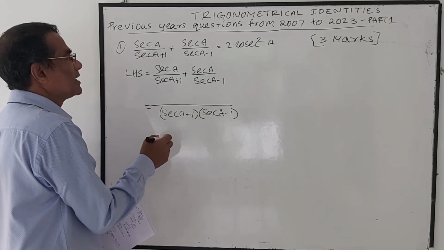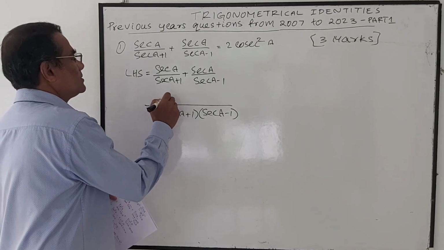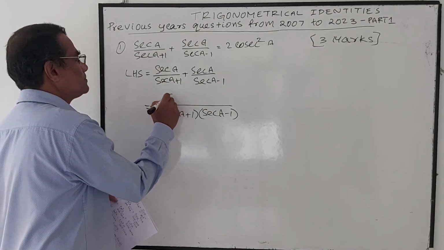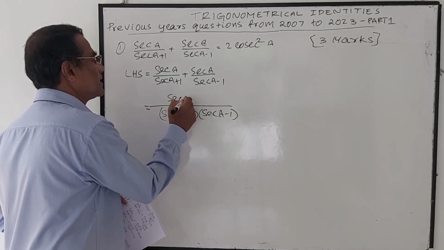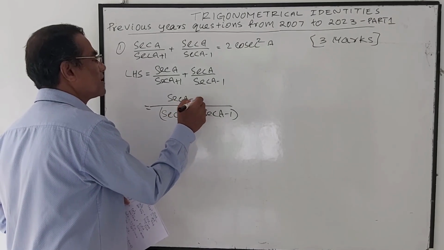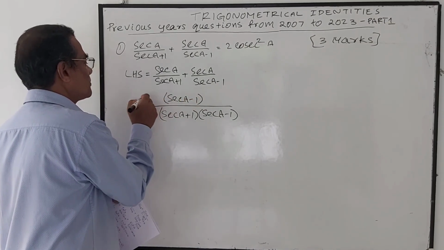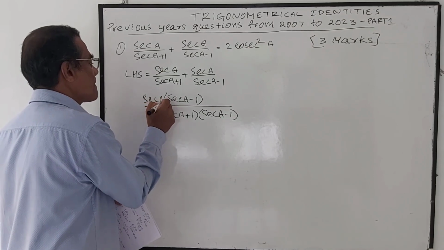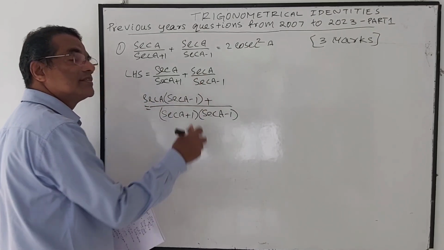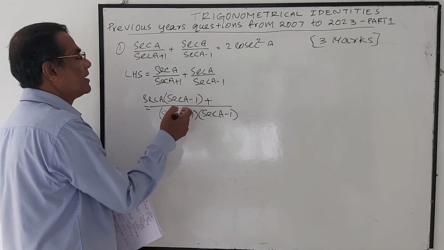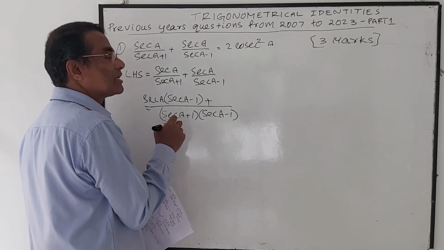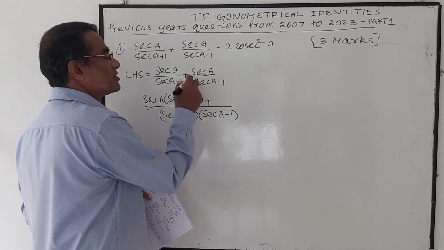So we will get cosec A minus 1. The numerator will be cosec A minus 1 into cosec A. Here again in the same way, by dividing we will get cosec A plus 1.